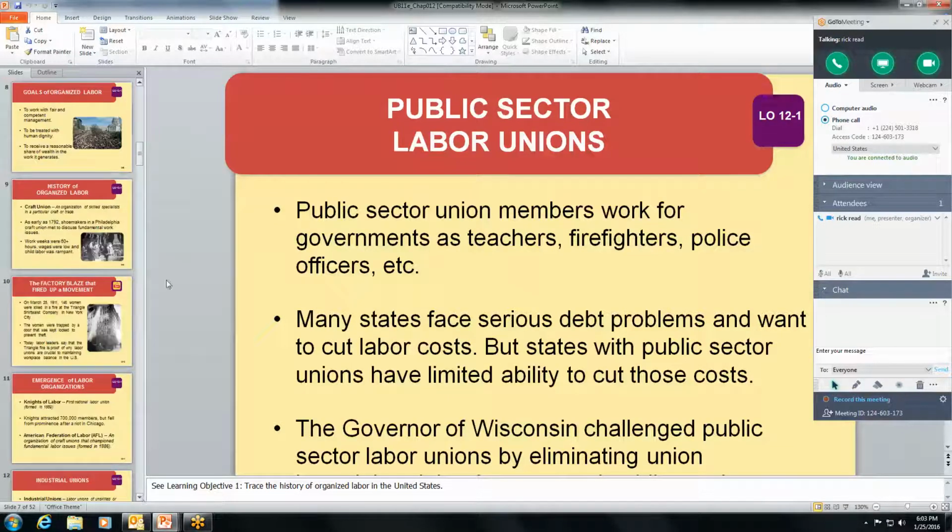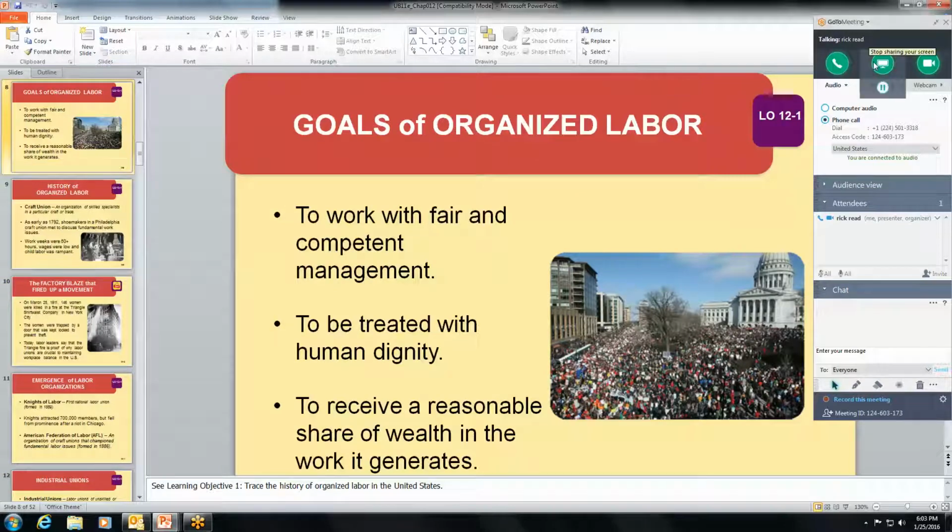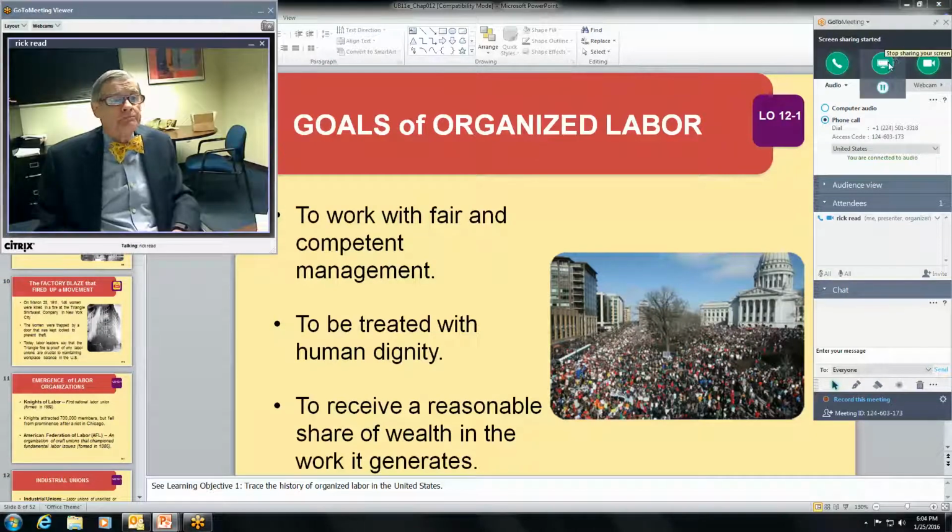This is what the labor unions want. They want to work with management that is fair and competent, be treated with dignity, and receive a reasonable share of the profit and wealth.